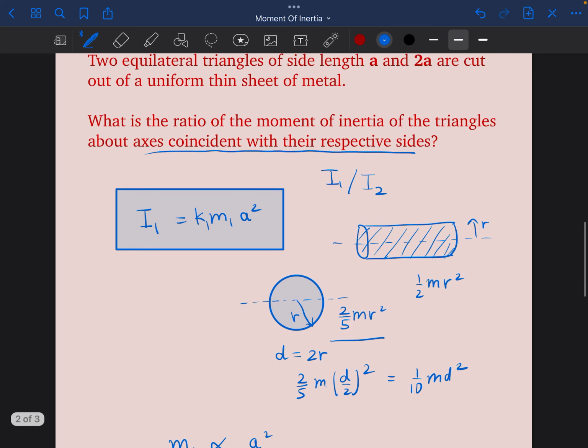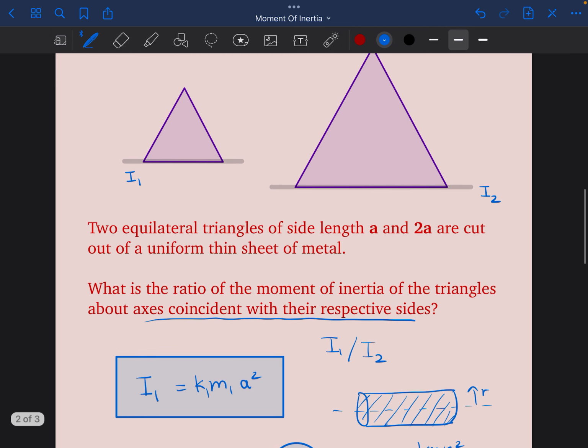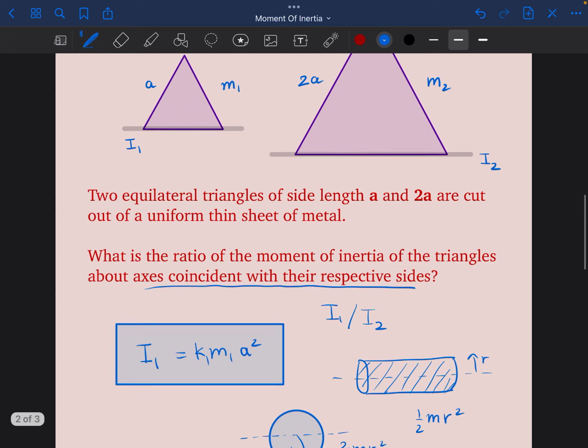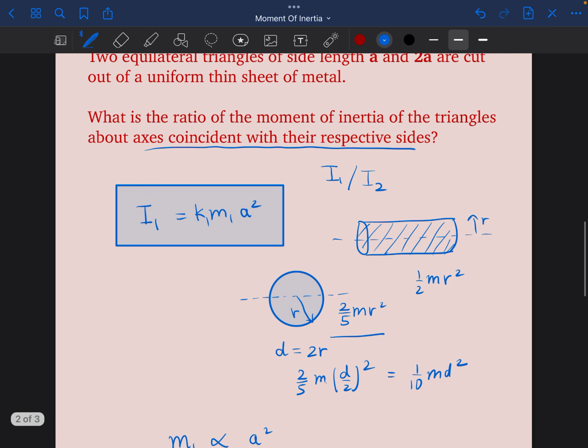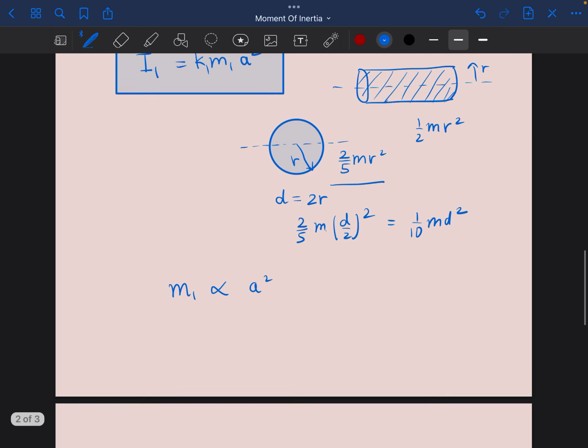So if I cut out a triangle of side length A and mass m1, and another of side length 2A and mass m2, then I can be sure that the second plate will have mass 4 times the mass of the first plate, because the plates are being cut out of a uniform thin sheet of metal.